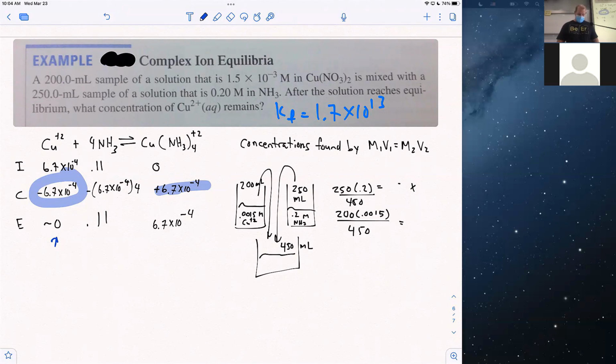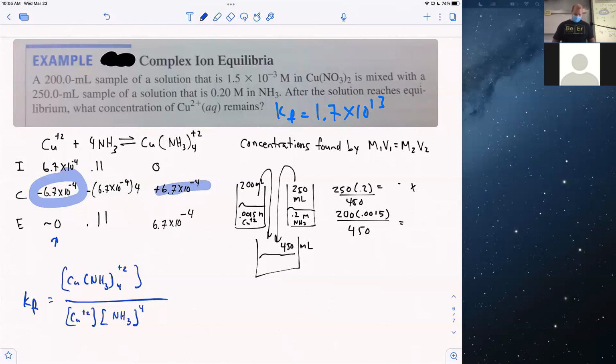Now at equilibrium, when we write out our KF, it's the concentration of the copper ammonia 4 +2 complex over the concentration of copper +2, I know it's probably water, times the concentration of NH3 to the 4th power.